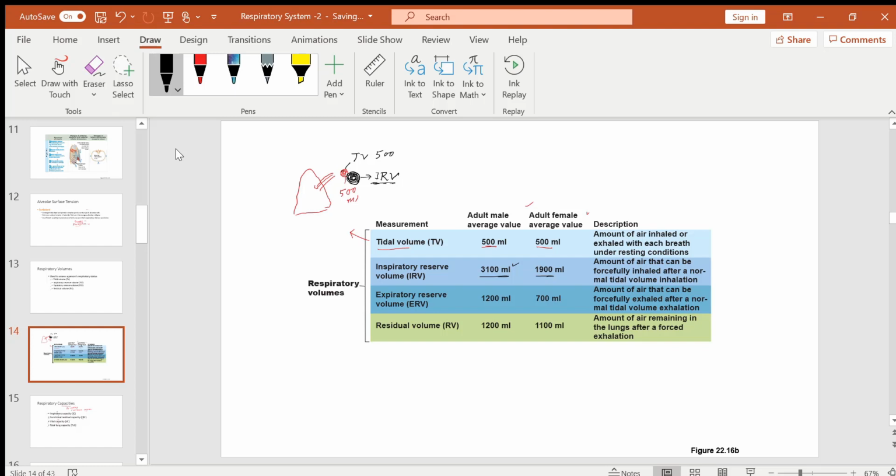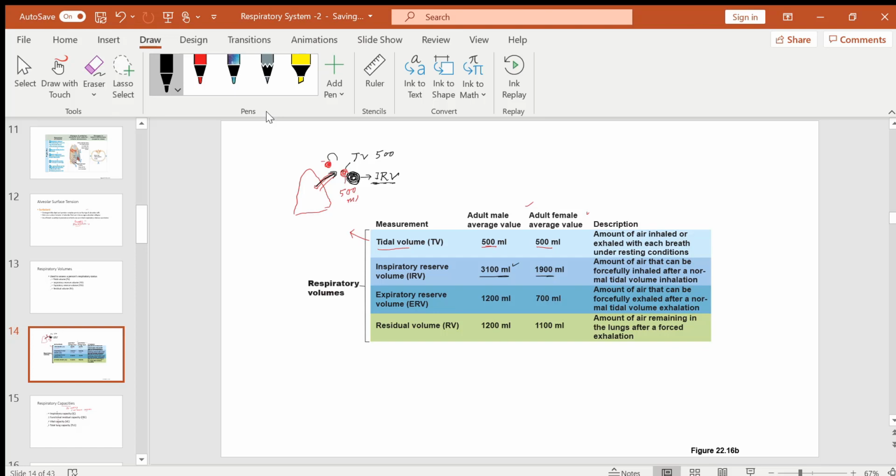Now let's think about expiration. You expire a normal amount of air, 500 milliliter, right? After that, if I ask you to expire more, you can expire more, right? So this is again 500 milliliter you have expired normally, and now if I ask you, okay, expire more forcefully, you can do that.